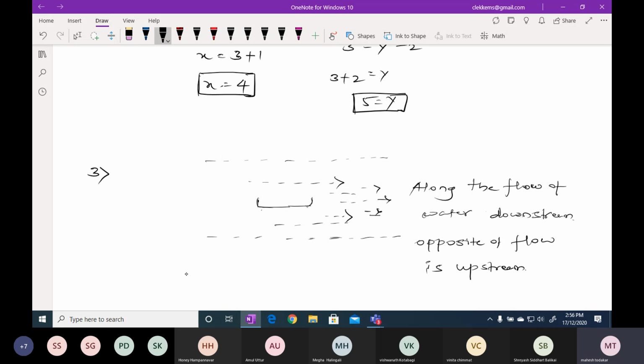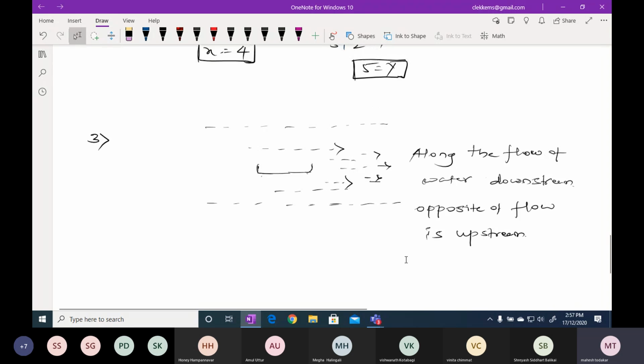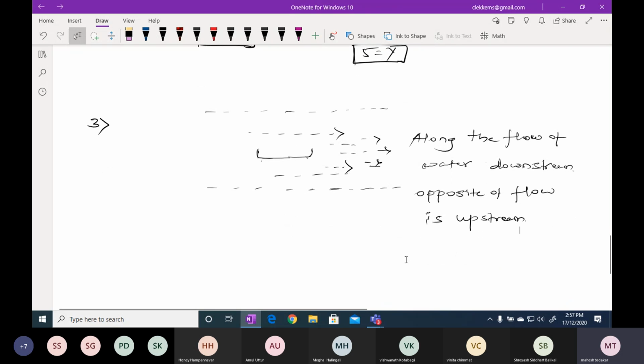Now still water means what? It is stagnant water. Stream means flowing water. So upstream and downstream, both we have here. Downstream means along with the flow of the water the boat is moving.